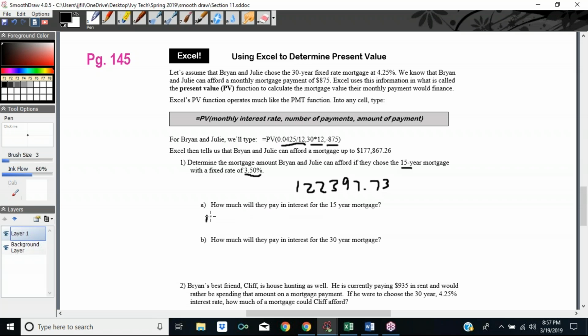Well, let's figure that out. 12 payments, 15 years, $875. So this is how much they're going to pay altogether, $157,500. And their amount for the mortgage is $122,397.73, so let's see, minus the amount that they're borrowing.